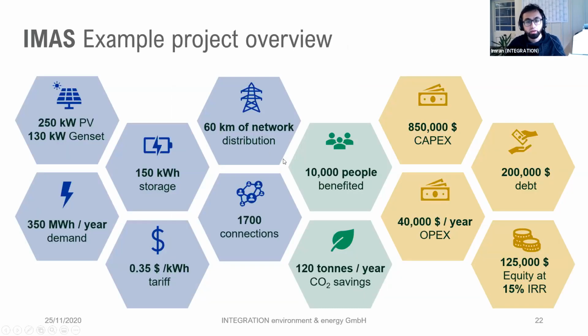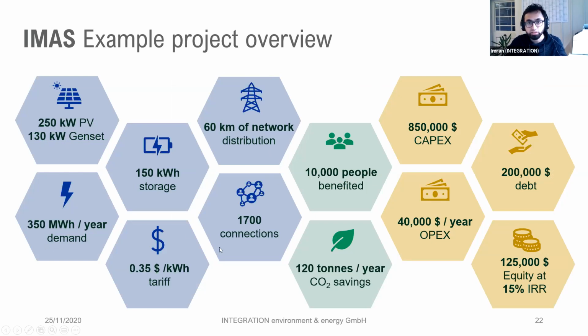Just to make it a bit more digestible, here is an example of a project that we have. We have a 250 kilowatt PV system with a 130 kilowatt diesel generator, and it is meeting a demand of 350 megawatt hours per year. It is for a community of 10,000 people.